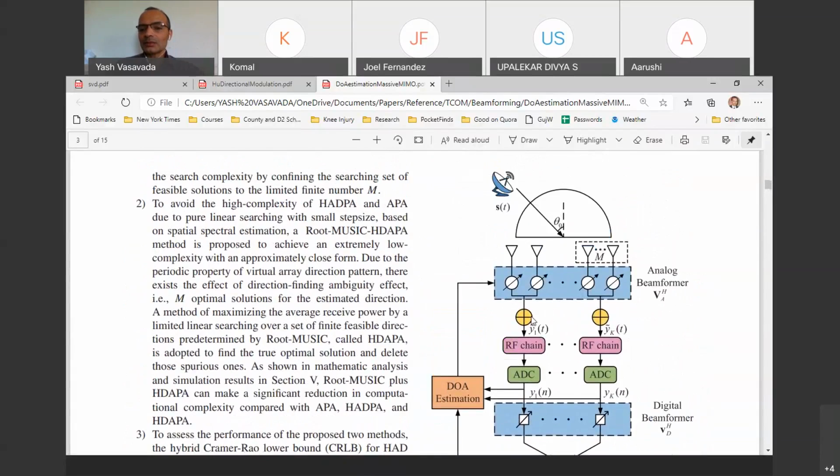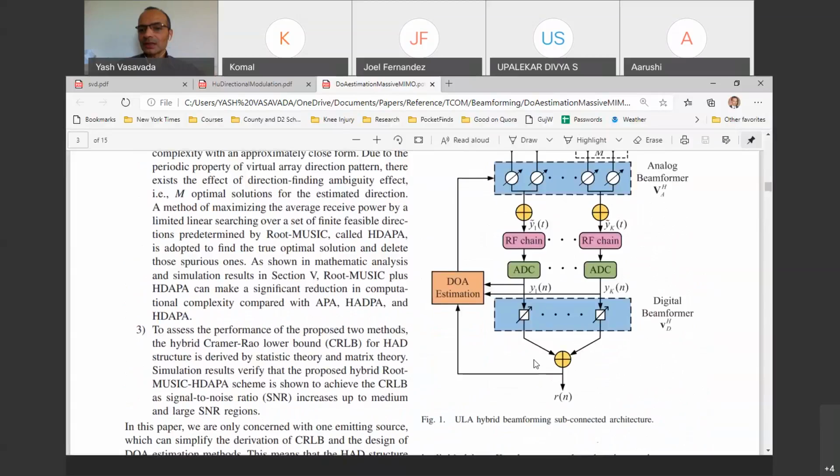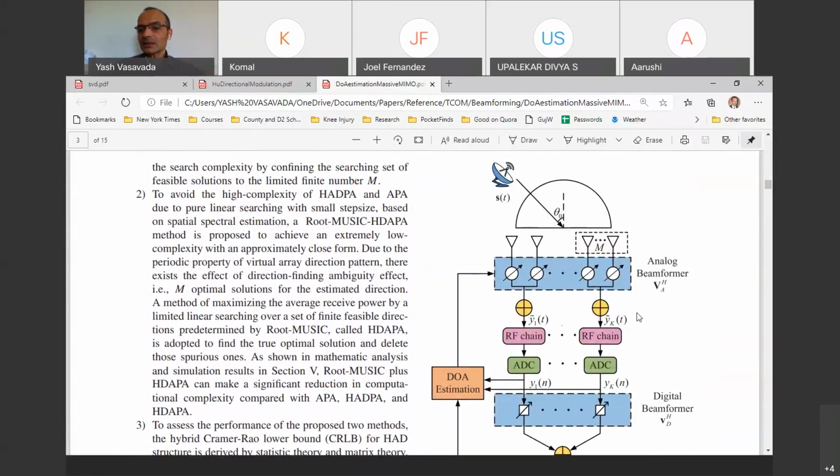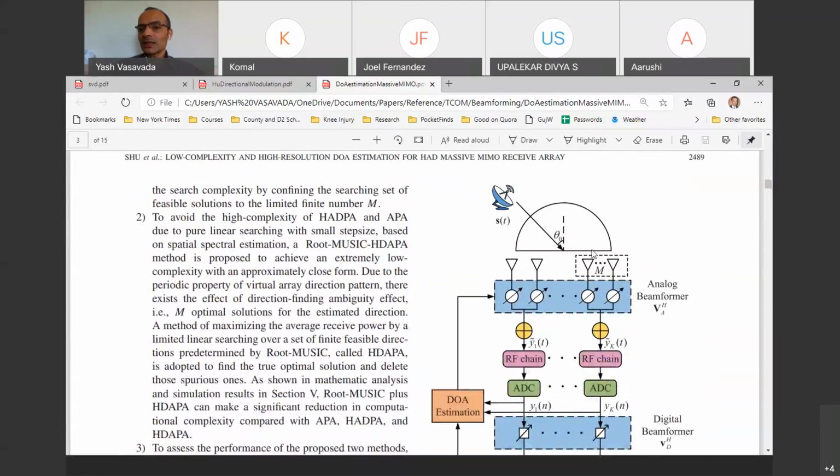Now, to reduce the RF cost, they put the RF circuit, the A to D converter, and even all the digital processing that is needed, they put only one such hardware for the entire subset of M elements.